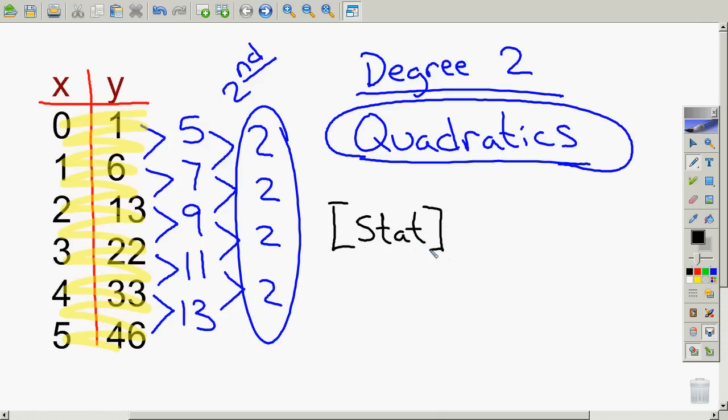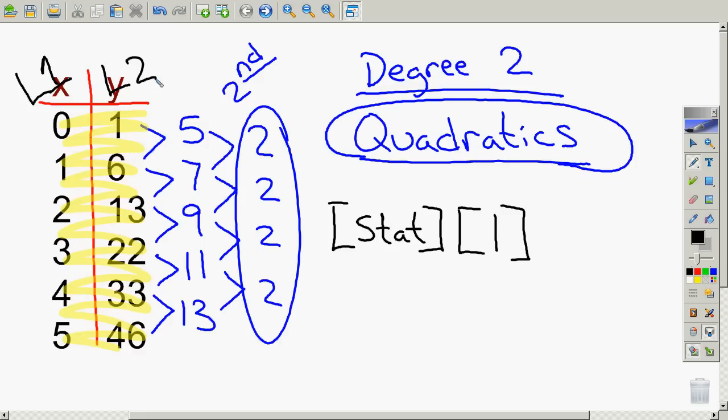The stat button. Once you've hit the stat button, you then need to press number 1. And in L1, you need to put the x's, and in L2, you need to put the y's from this table.